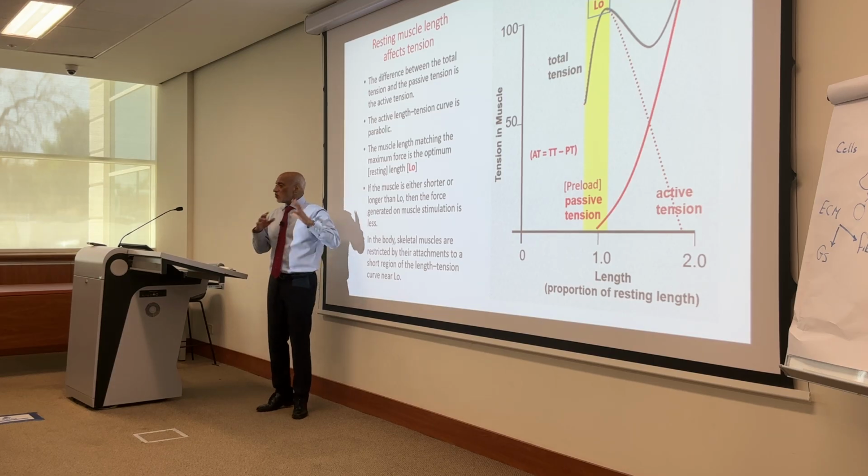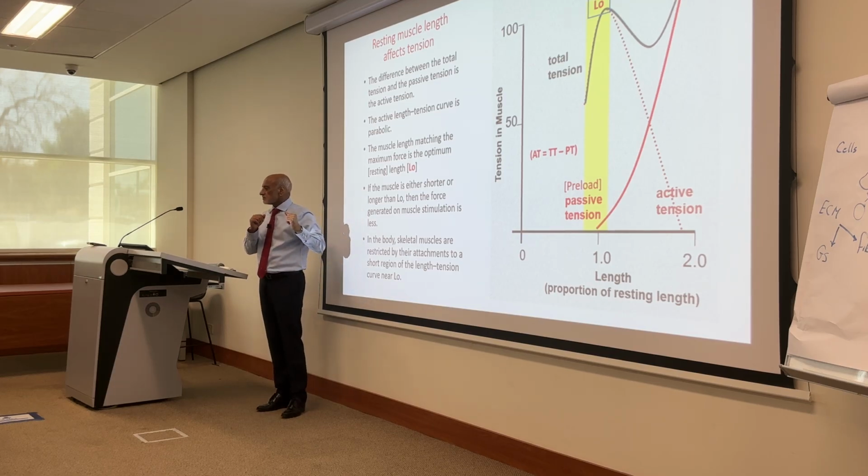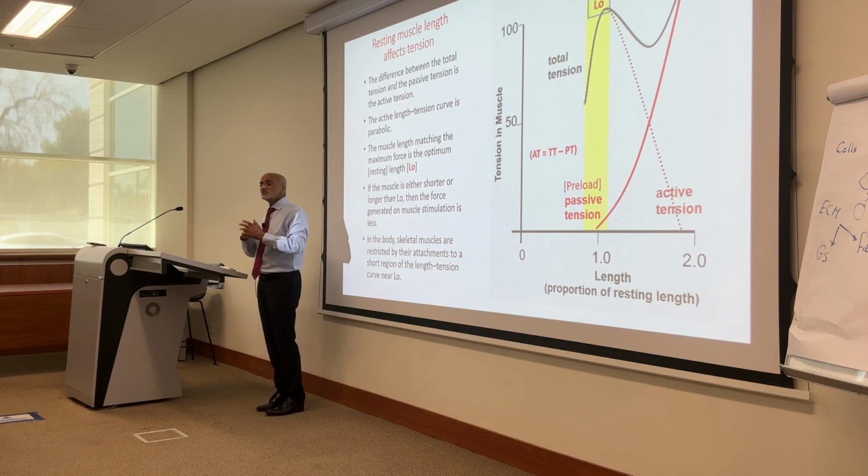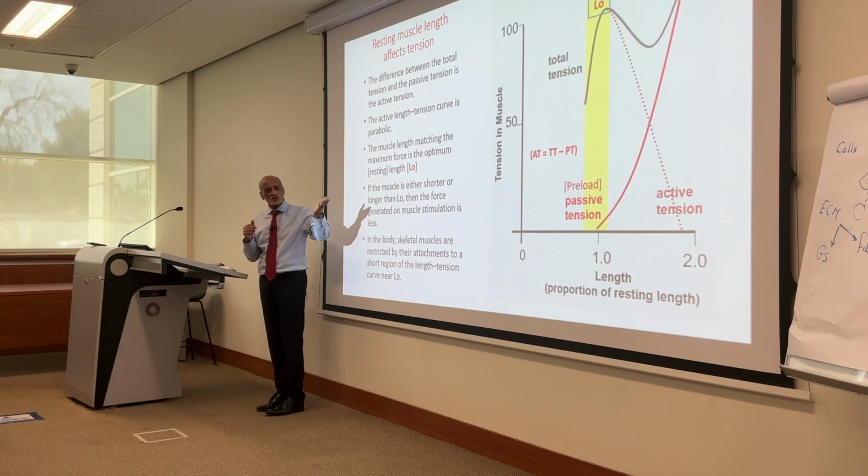Now, if the total tension is the sum of passive and active, and if active is the actual muscle contracting, what is the passive tension? We call it the preload. In other words, it's a stretching of the muscle. So it's the stretching of the muscle that creates the preload.